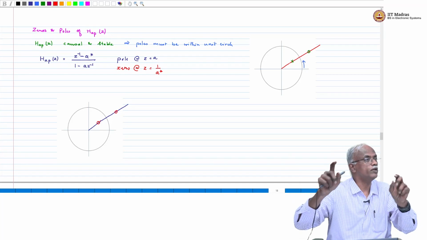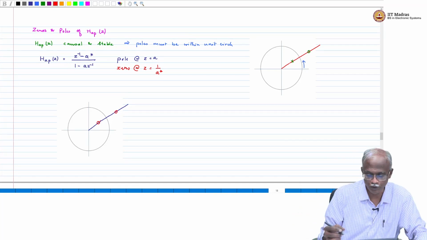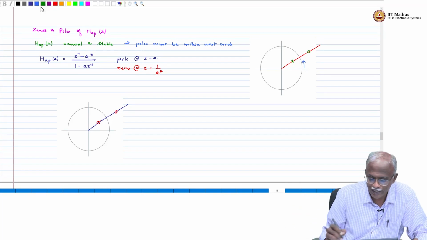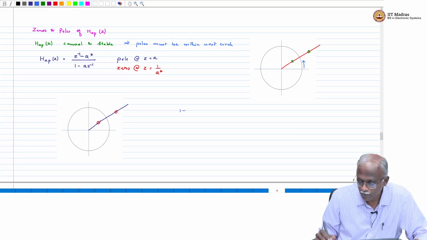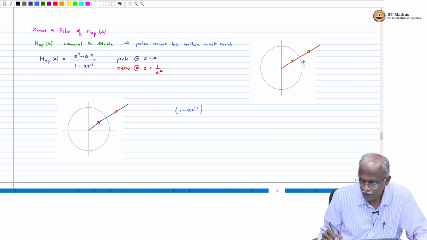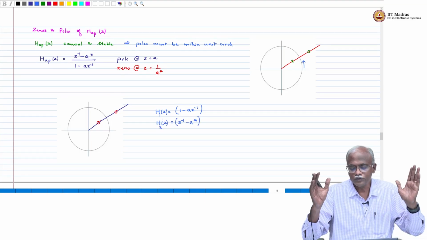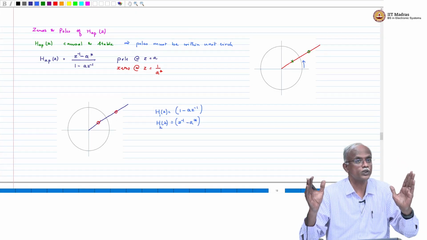Okay, both of them will give you the same magnitude response. So what do I mean by that? 1 minus a z inverse, okay, this is one transfer function. The second transfer function is this, z inverse minus a conjugate. Let's call these H1 and H2, both of these will have the same magnitude response.